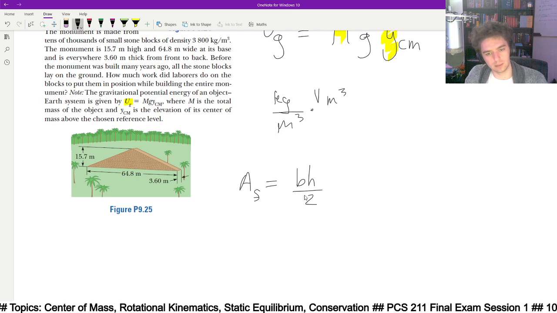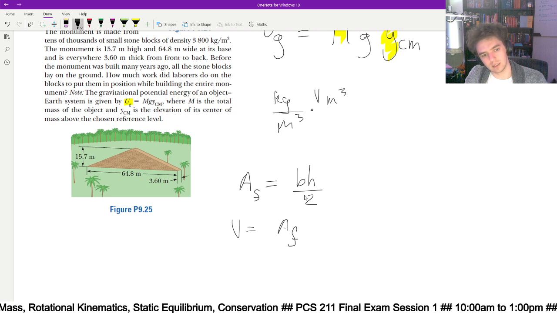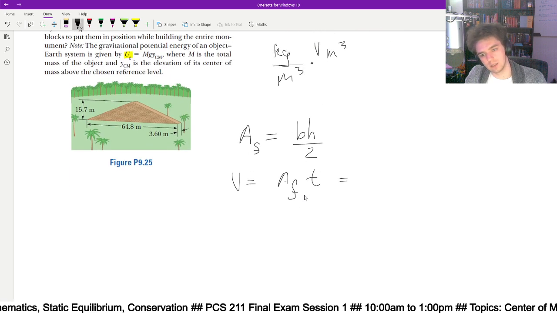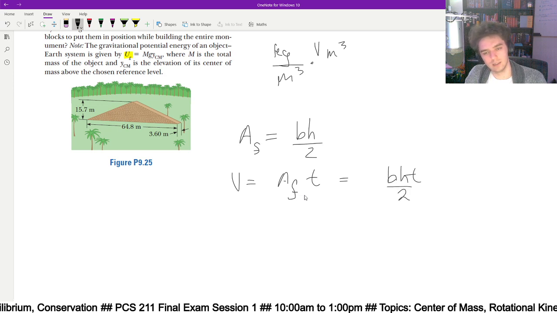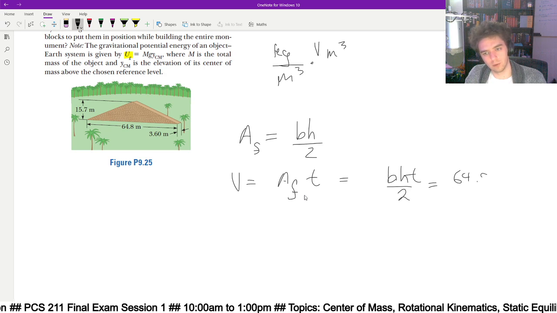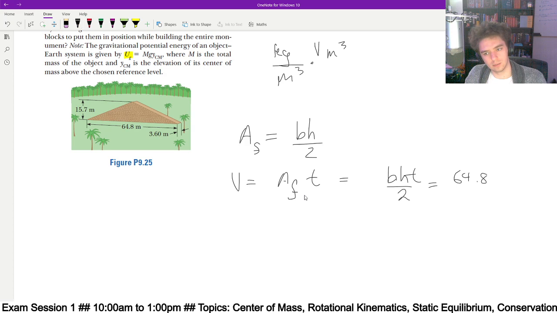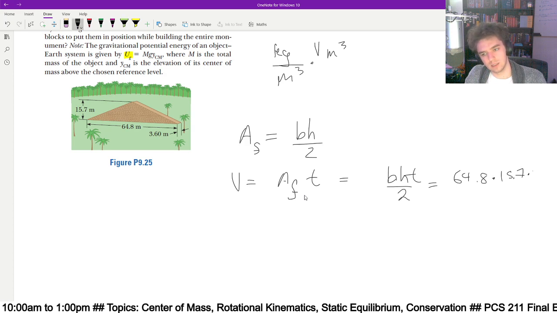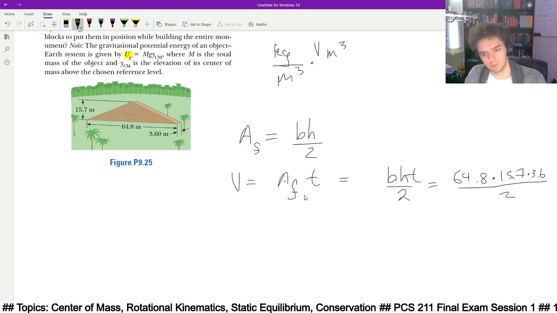Then the volume is base times height over 2 times the thickness, which is 64.8 times 15.7 times 3.6 all over 2.